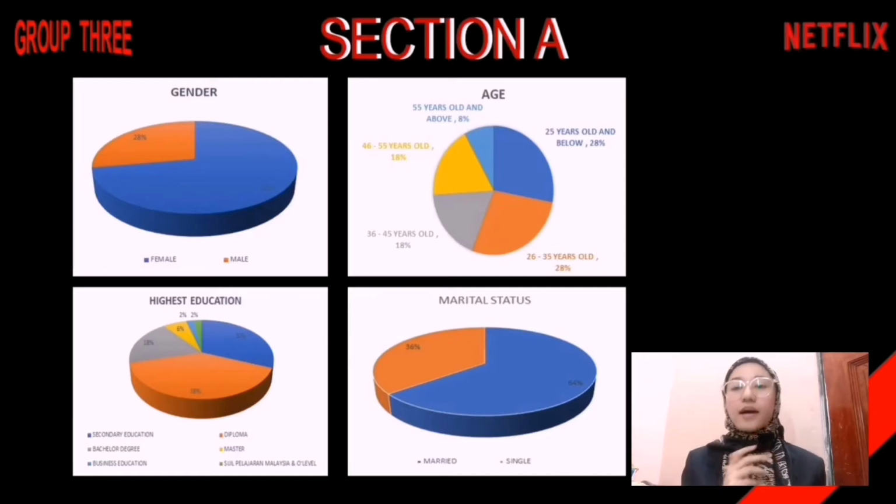The next is higher education. We can see on this graph that the majority of our respondents are at the diploma education level and secondary education level. For marital status, the pie chart shows the majority of our respondents are married, at 64%, and 36% are single.